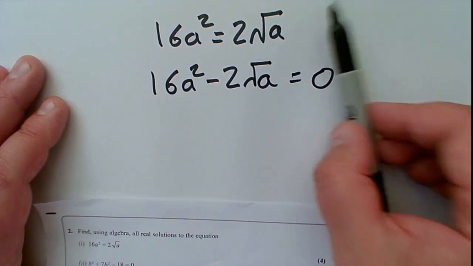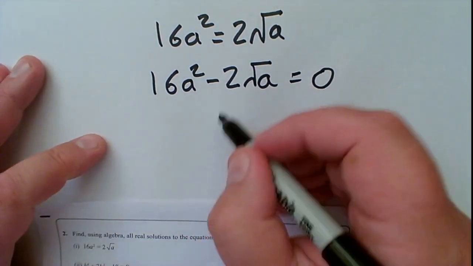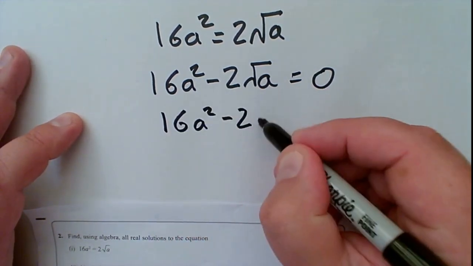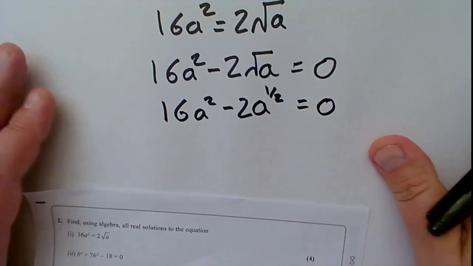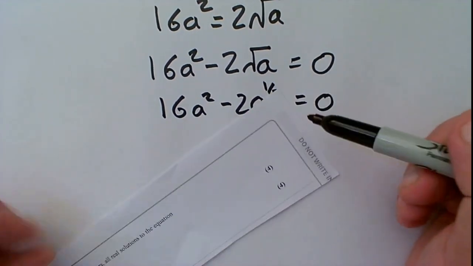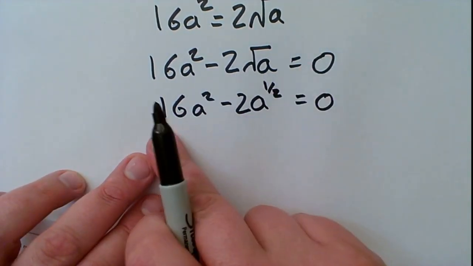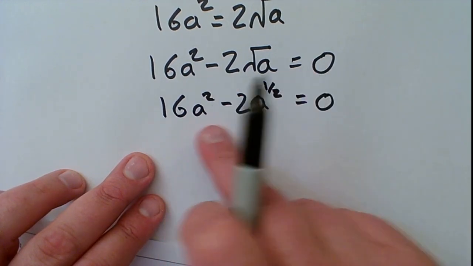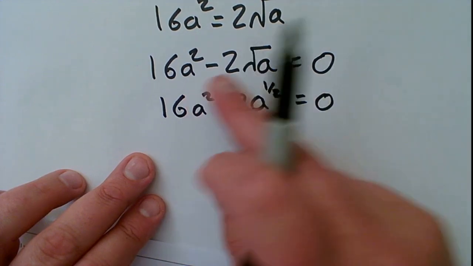Getting 0 on the right hand side is useful, and just writing it in index form is useful. Writing things in index form is often a good thing to do, whatever you're doing, whether it's some integration, differentiation, etc. And then at this point, it's a way of factorising, and you have to say, well, a is in both, but which index are you going to use? Is it 2 or is it half?